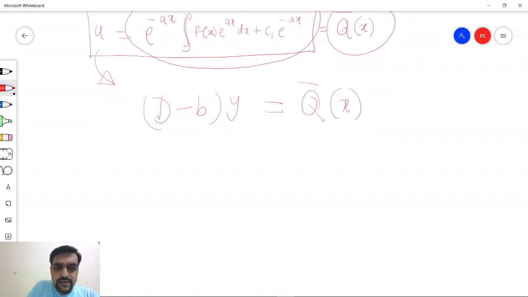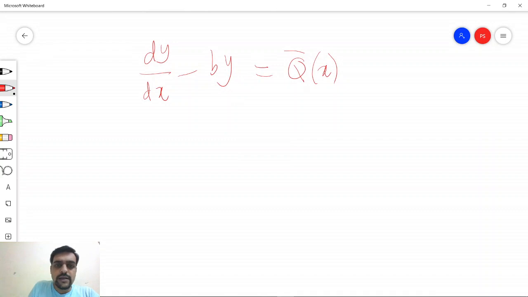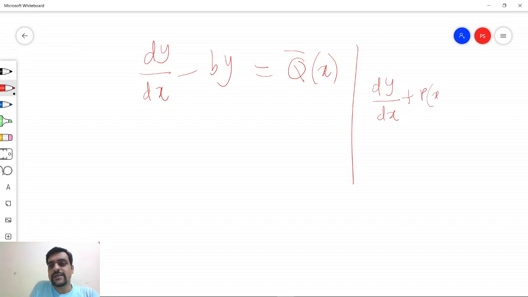But anyway, it is some function of x, that's true. Now again we replace this D by d by dx. So it gives us dy by dx minus b y is equal to q bar of x. We note that this is again in this particular form: dy by dx plus p of x y is equal to q of x.